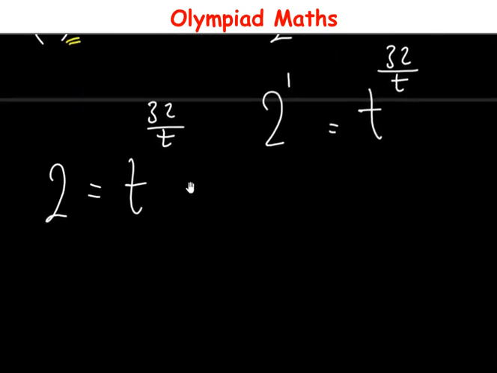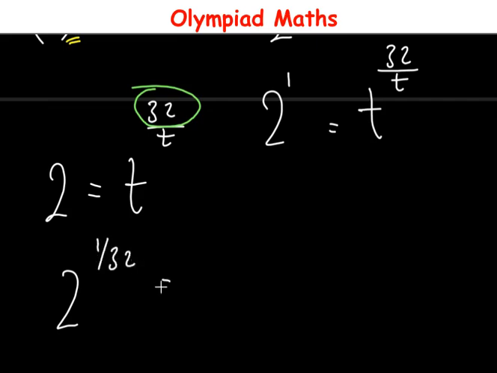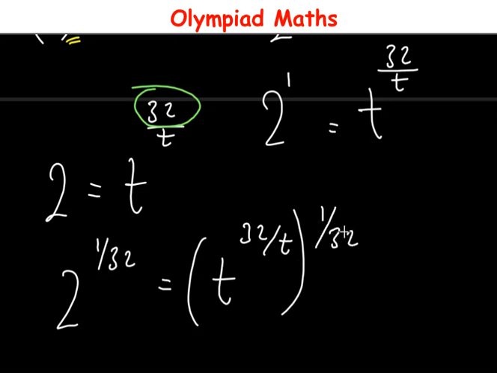Good. So with this, what we are then going to do is to eliminate power 32 from here. And to do so, simply multiply the equation with power 1 over 32, such that what we have is 2 raised to power 1 over 32 is equal to, in bracket, t raised to power 32 over t, then multiplied by 1 over 32, so as to eliminate 32 from here.